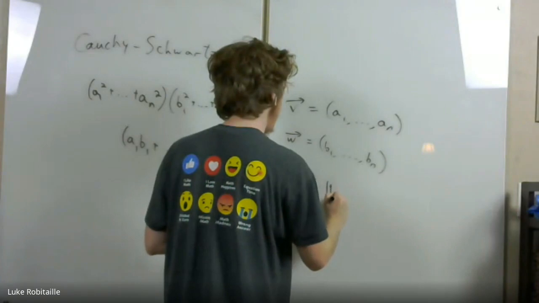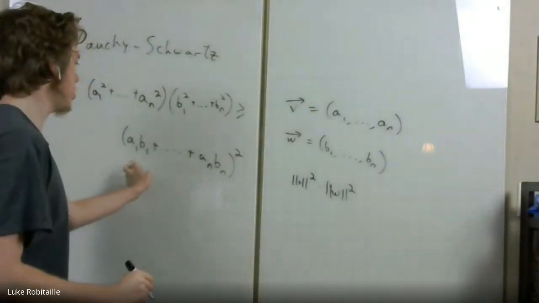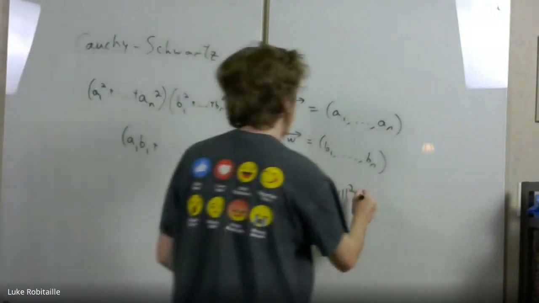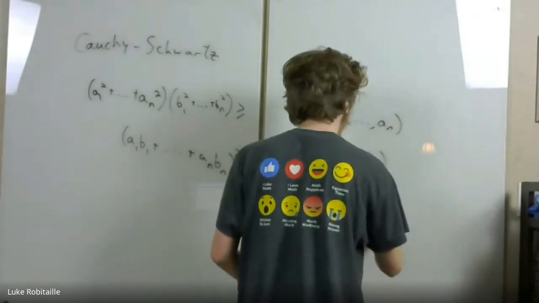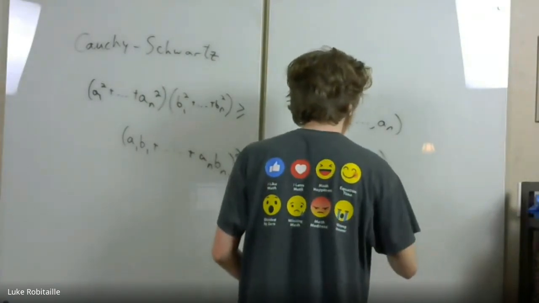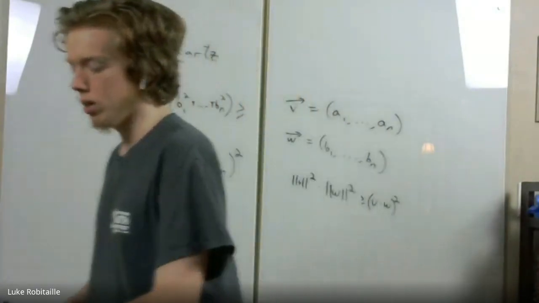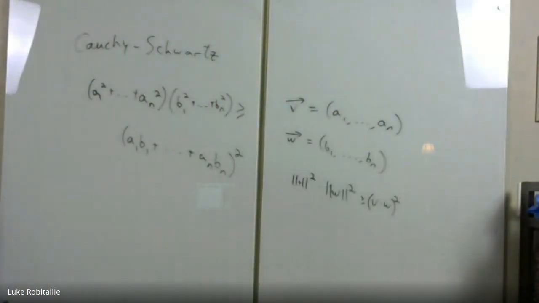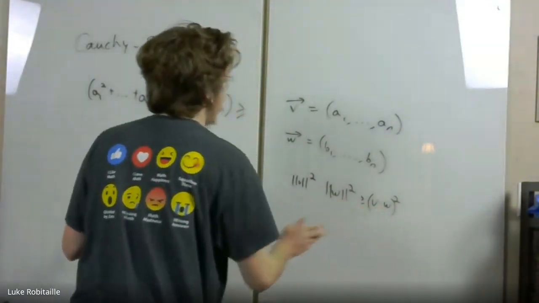This is the length of w squared. And then over here, this is the dot product of v and w, squared. Now, this dot is actual multiplication, whereas this dot is the dot product.